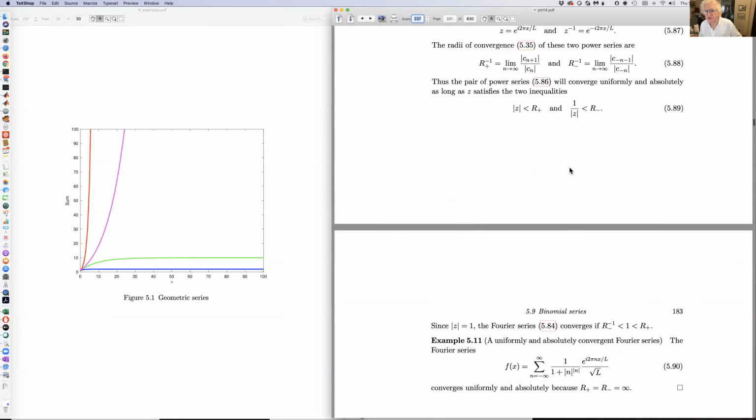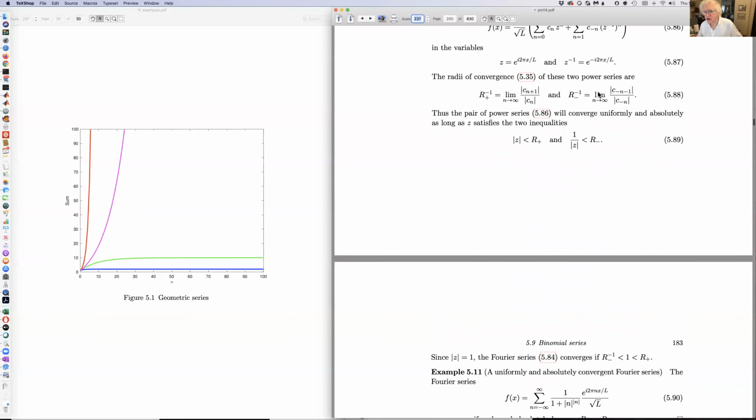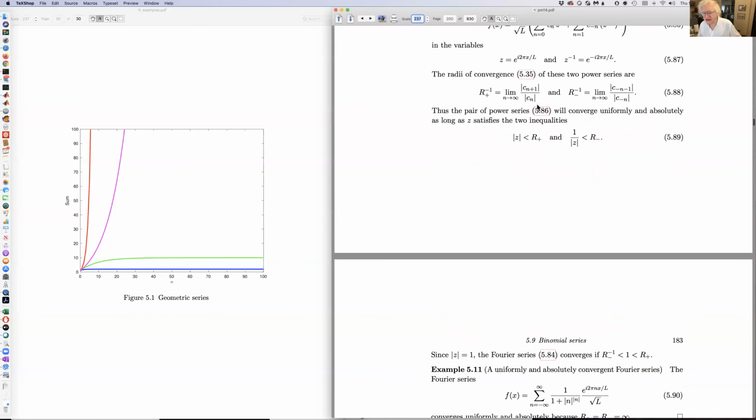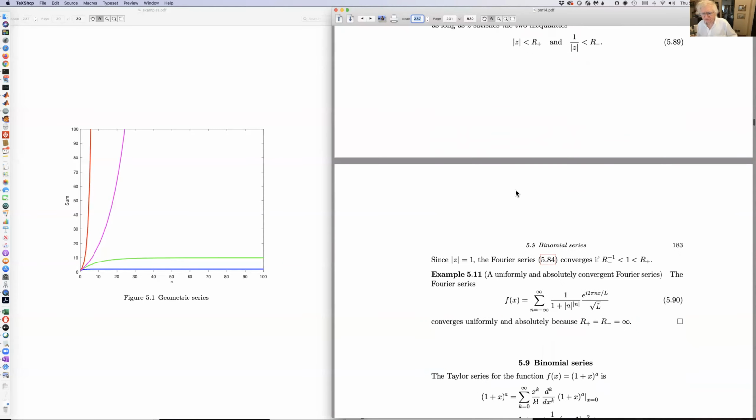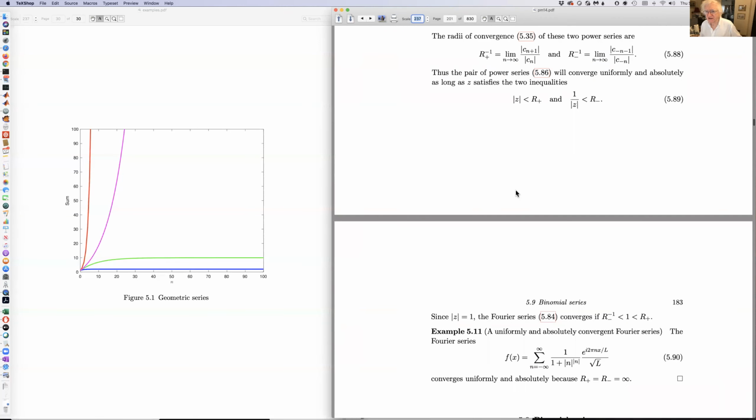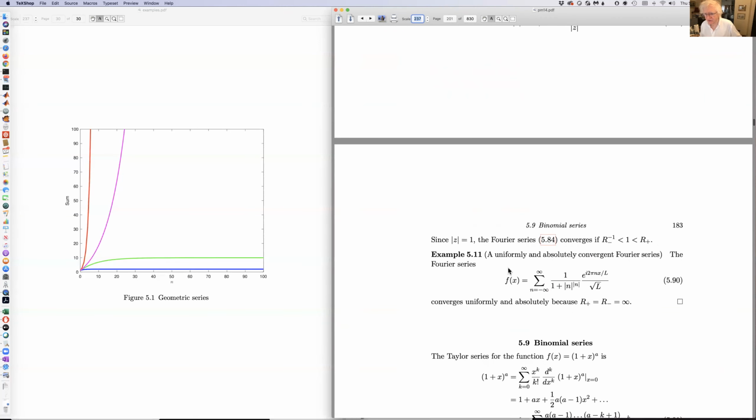If you compute these ratios, you get C_(n+1) over C_n is very, very small. So R plus is essentially infinite and R minus is infinite, and this thing converges everywhere. I mean, this is super convergent because these coefficients are so small.